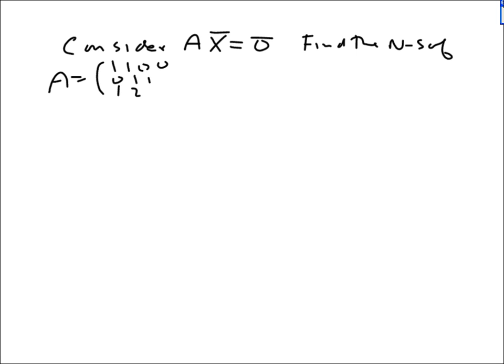I want this 0, 1. I just want this to work out in a special way. How about 0, 1, 0, 1, and then 1, 2, 0, 1, and 1, 0, 0, negative 1. Suppose that's A. We want to find the null space of A.